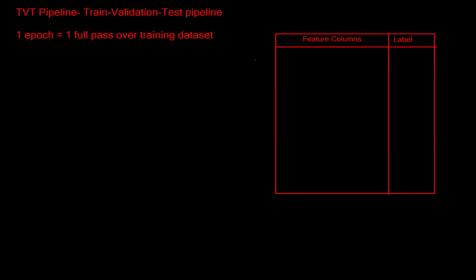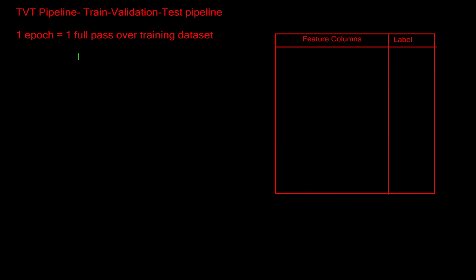Now, for any ML related problem, for any deep learning related problem, we have seen, right? We have divided the data set into training and testing data sets, correct? And in deep learning, we have seen that we have divided the data set further into a validation data set, right?